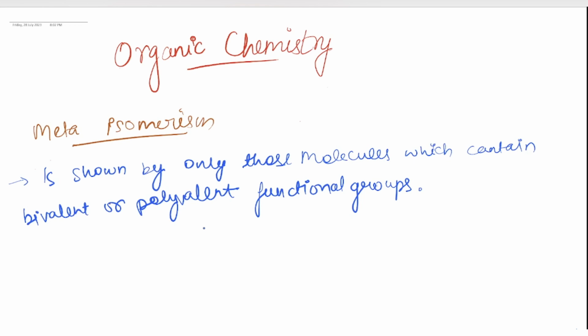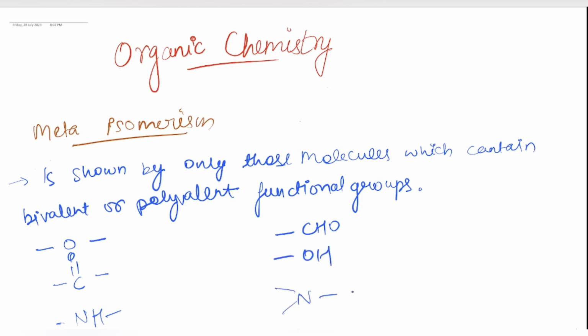Meta-isomerism can be shown by only those molecules which contain bivalent or polyvalent functional groups. Let me give you some examples. For example, the ether group, or the ketonic group, or aldehydes, or alcoholic group.